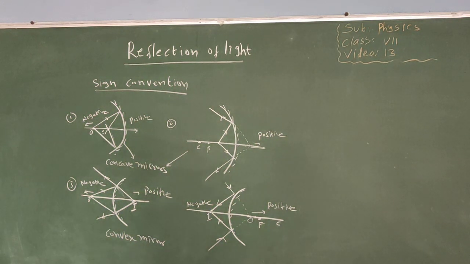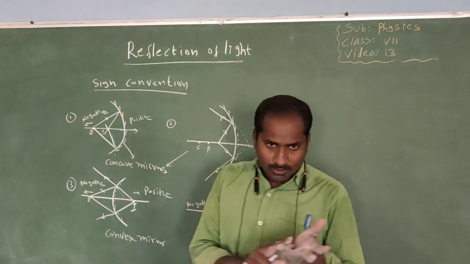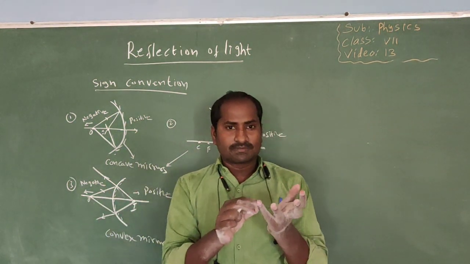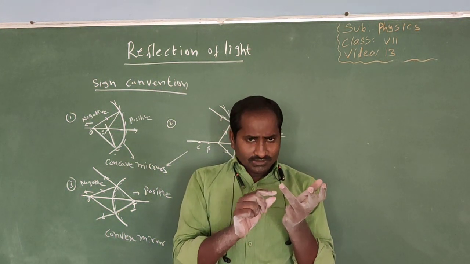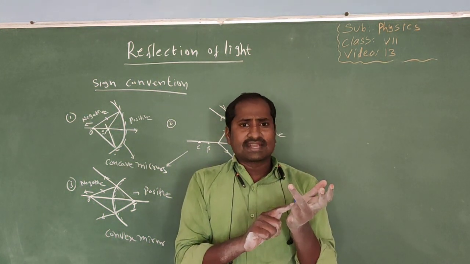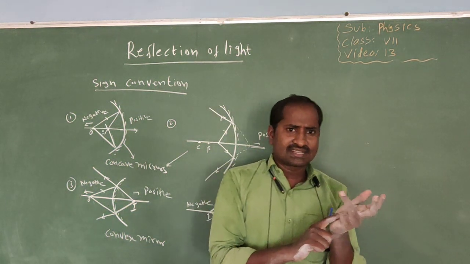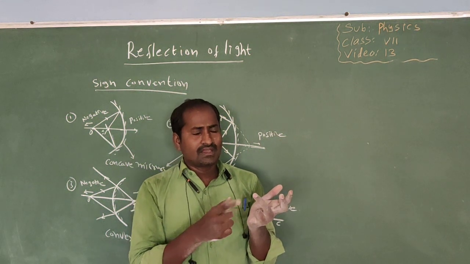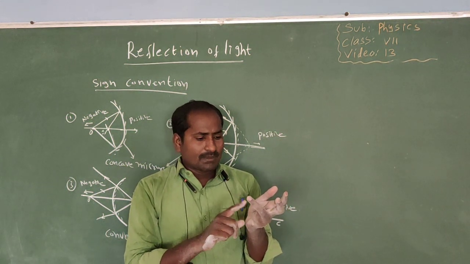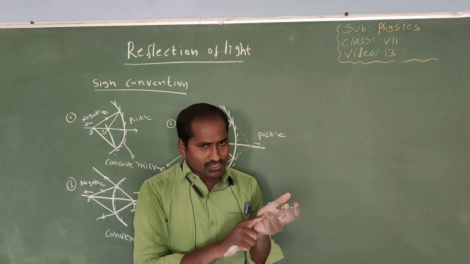Listen once again. Sign convention: all the distances are measured from the pole. The distance in the direction of the incident ray is positive, and in the direction opposite to the incident ray it is negative. Above the principal axis, distance is positive.